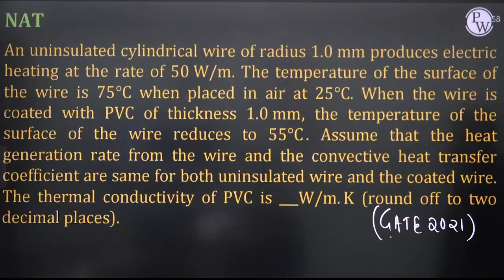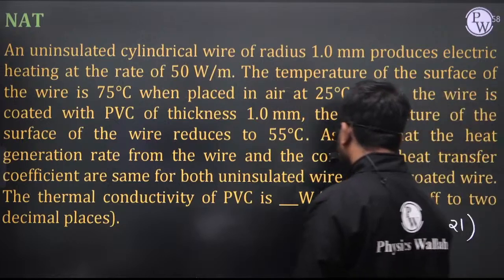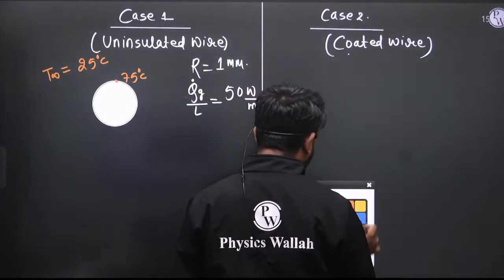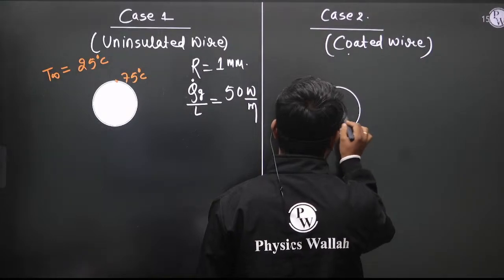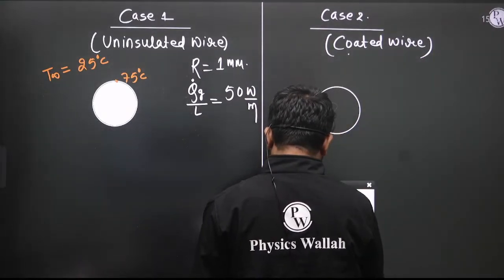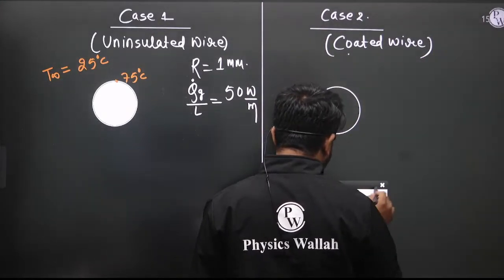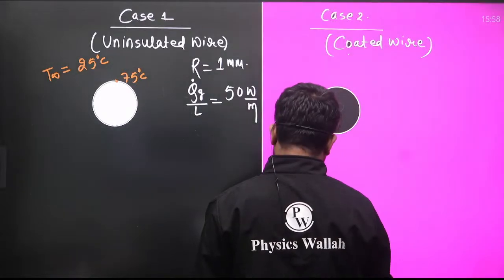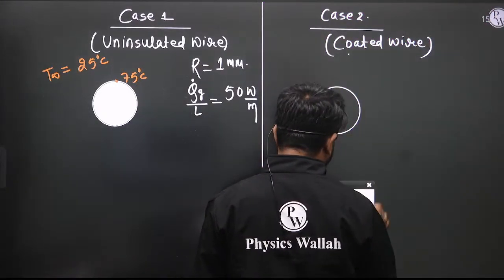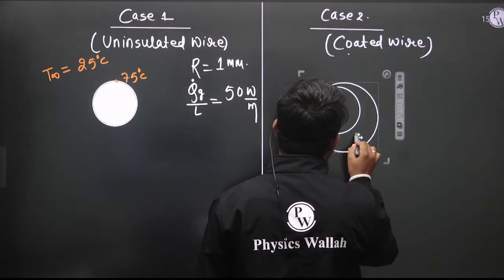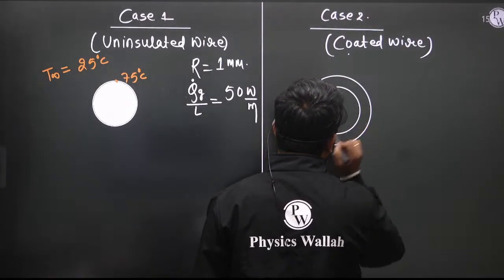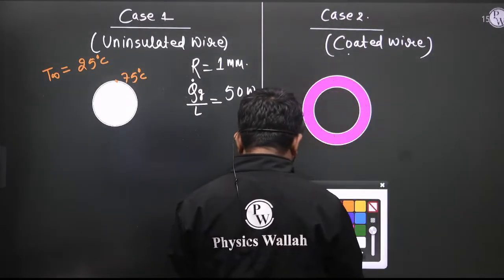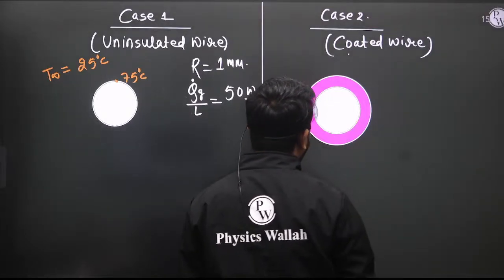Now come to case number 2. The wire is coated with PVC of thickness 1 mm. In the same wire, PVC insulation is used. Let us consider this is the PVC insulation and this is the wire.